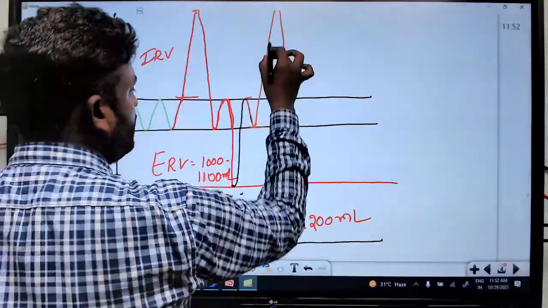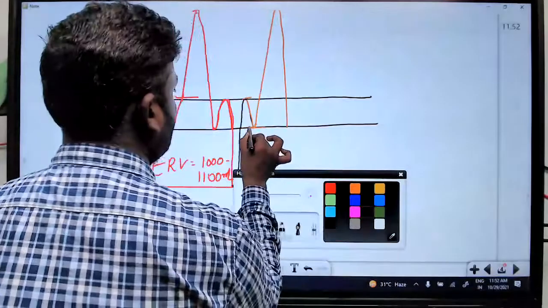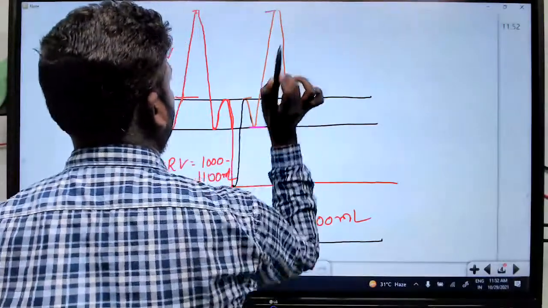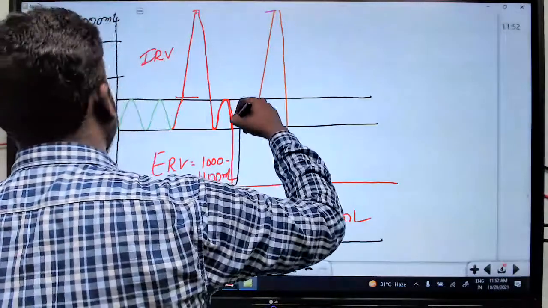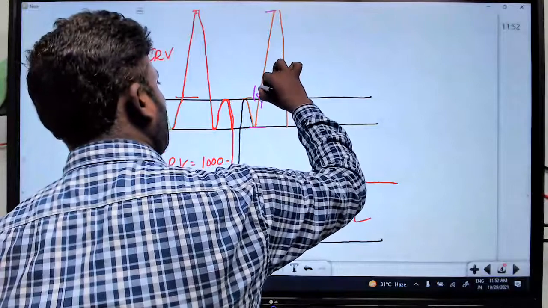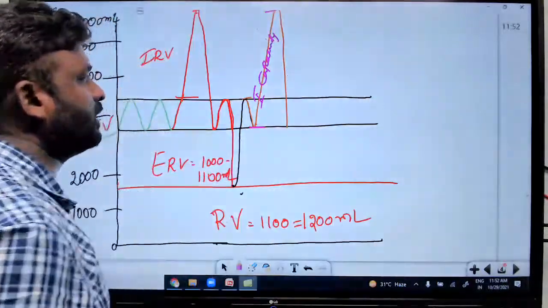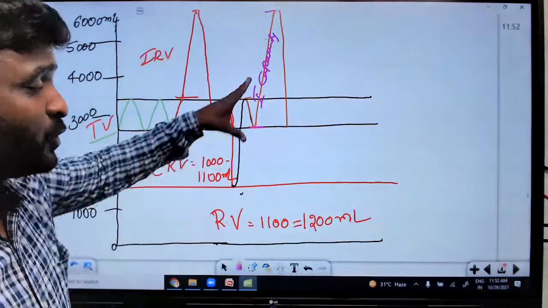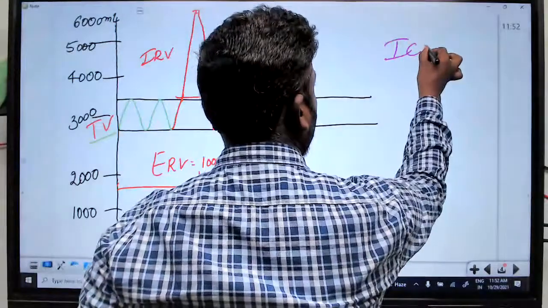From here to here, this is inspiratory capacity. Could you please tell me what is included in that IC? IC equals what?